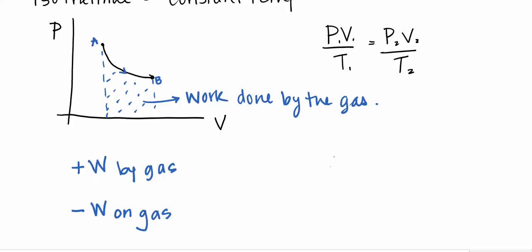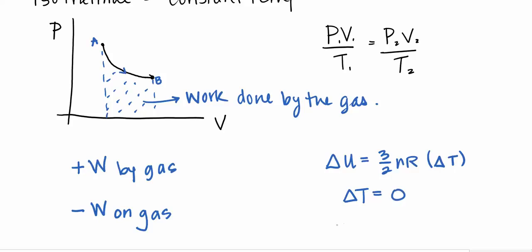But let's look at our change in internal energy. It would be 3/2 nR delta T. What's the whole purpose of this particular process? Keep temperature constant. So if temperature is going to be constant, the change in temperature has to be zero.